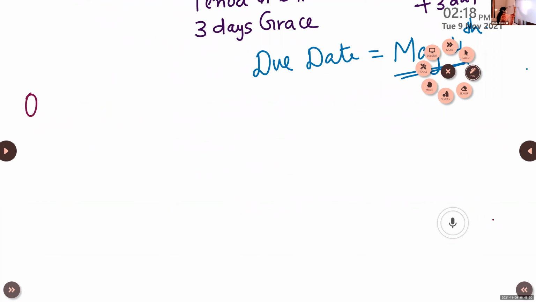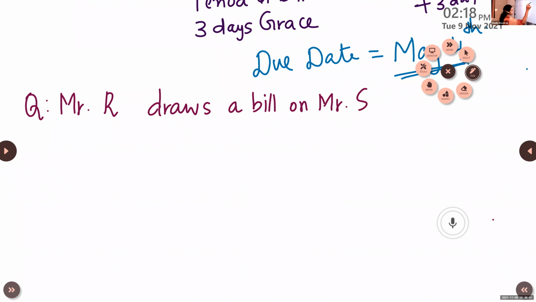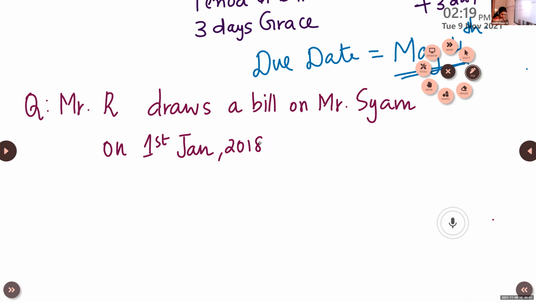Mr. R draws a bill on Mr. Shyam on 1st January 2018, after sight for 3 months.